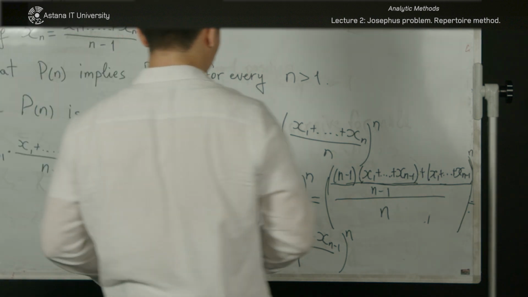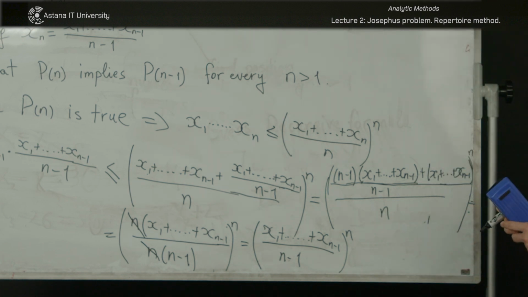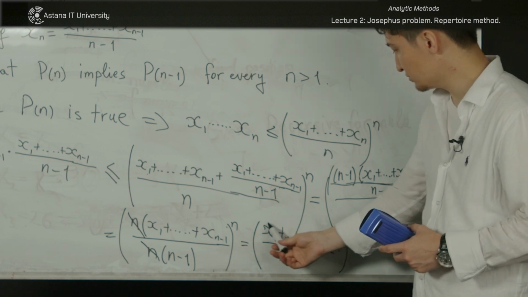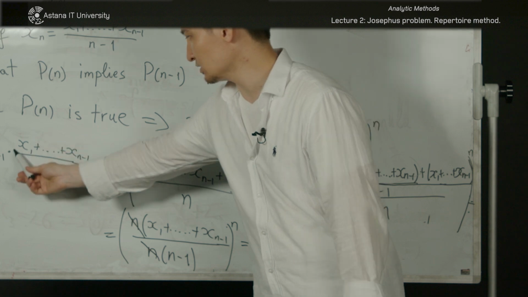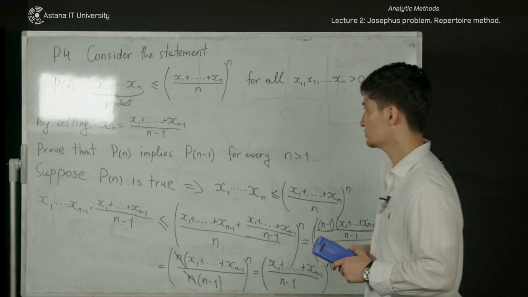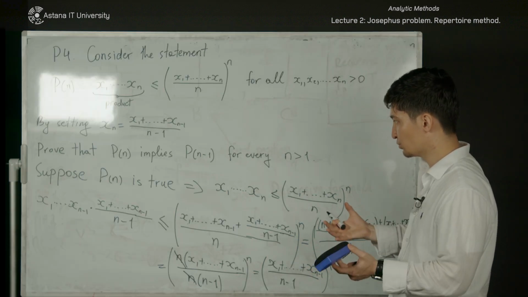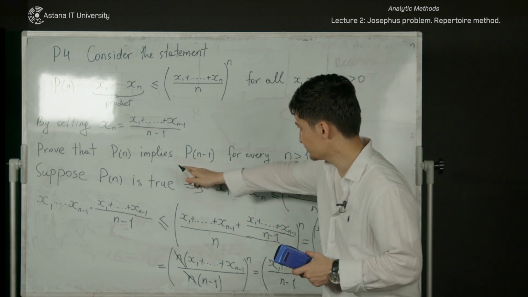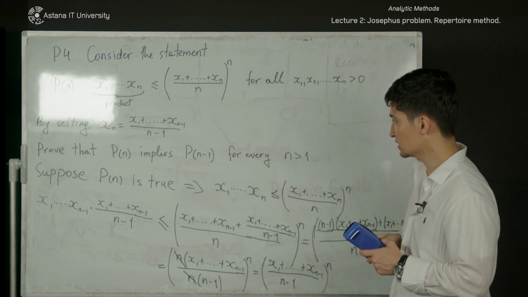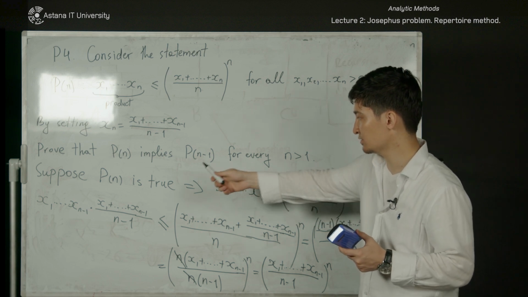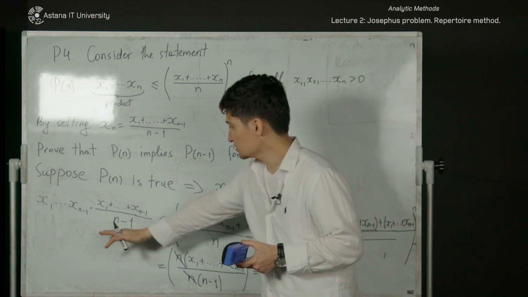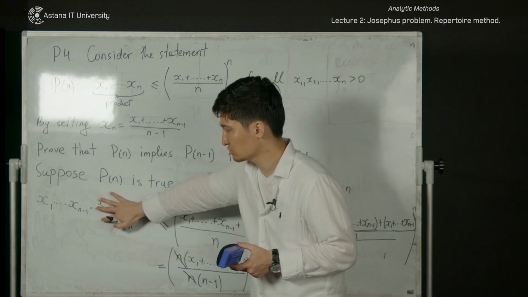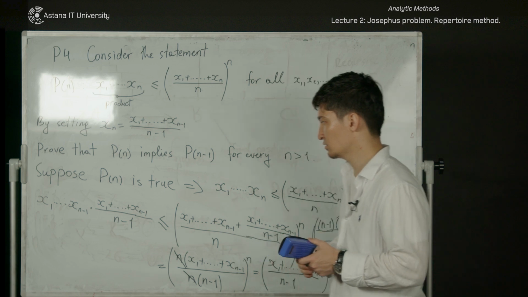For the next step, what we can do is see that this expression is the same as this expression, the last one. But what we need to prove is that P of n minus 1 must also be true if Pn is true, which means that this expression must go. So I shouldn't have this expression over here.